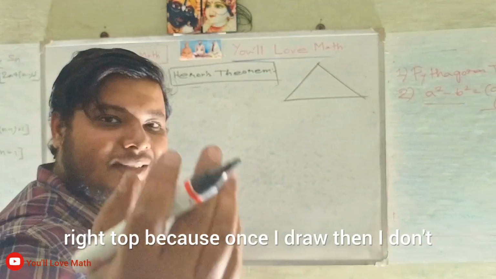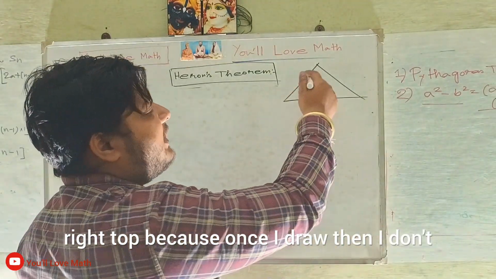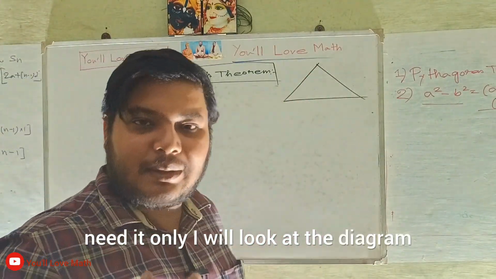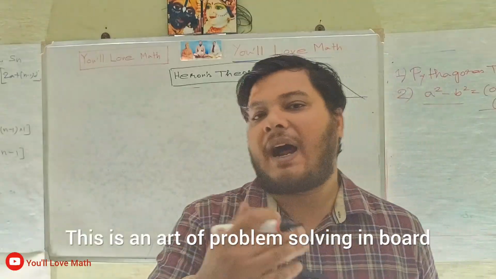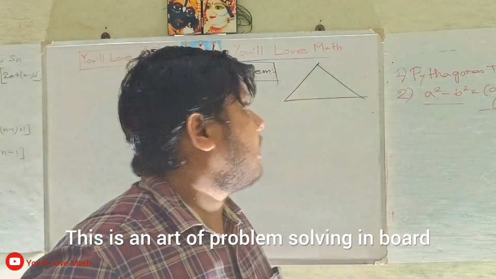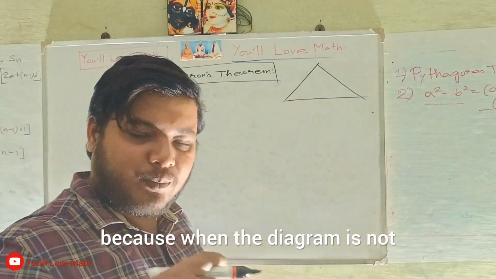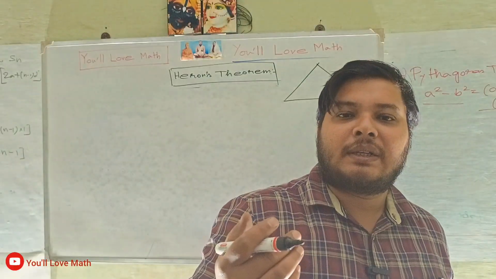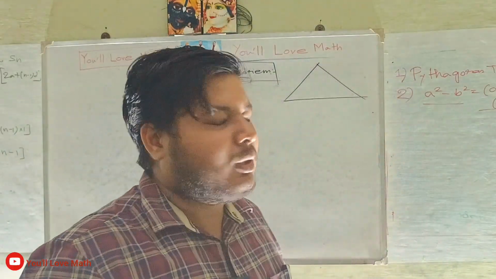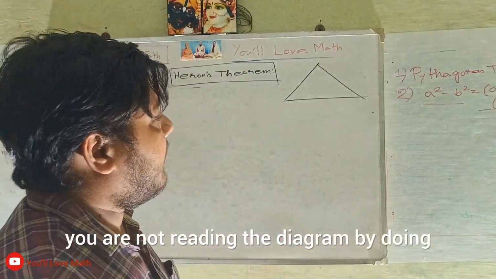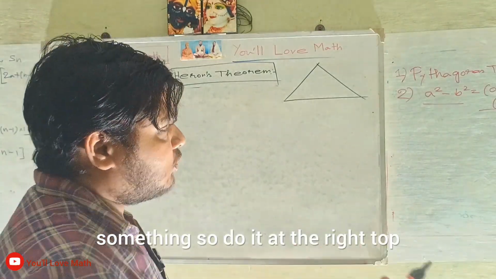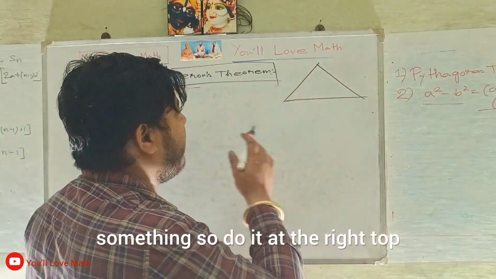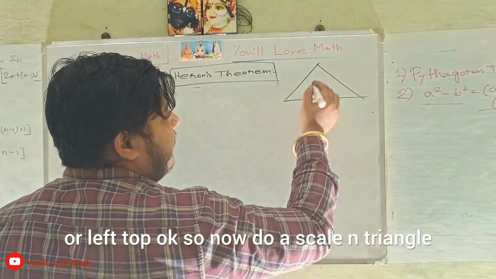Because once I draw it, I don't need it, I only look at the diagram and solve the problem. This is an art of problem solving on the board, so do it at the right top or left top.